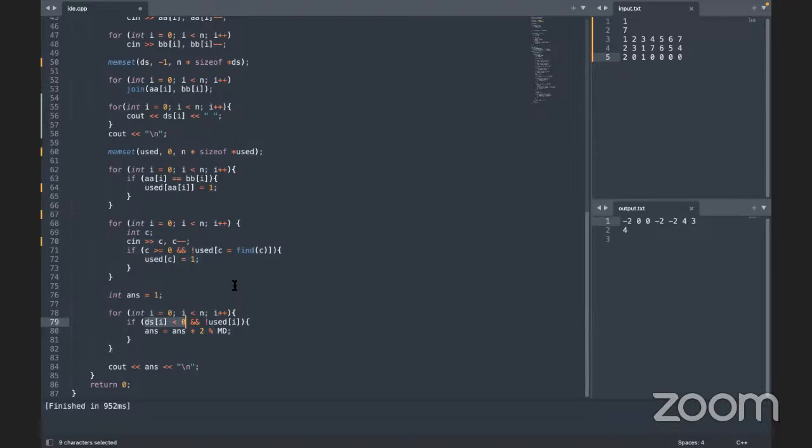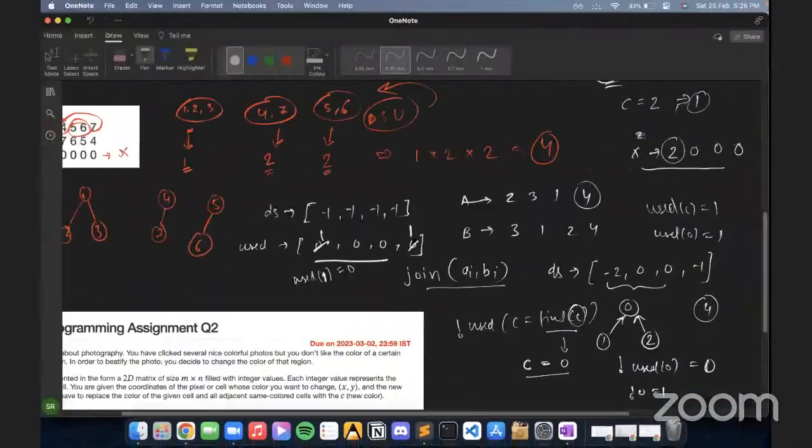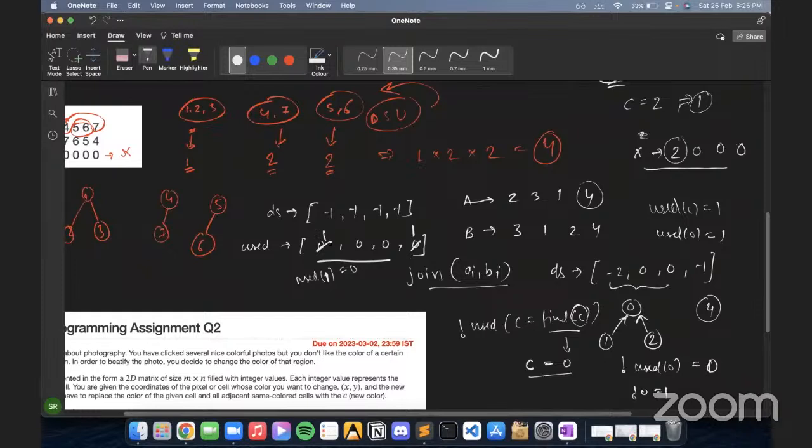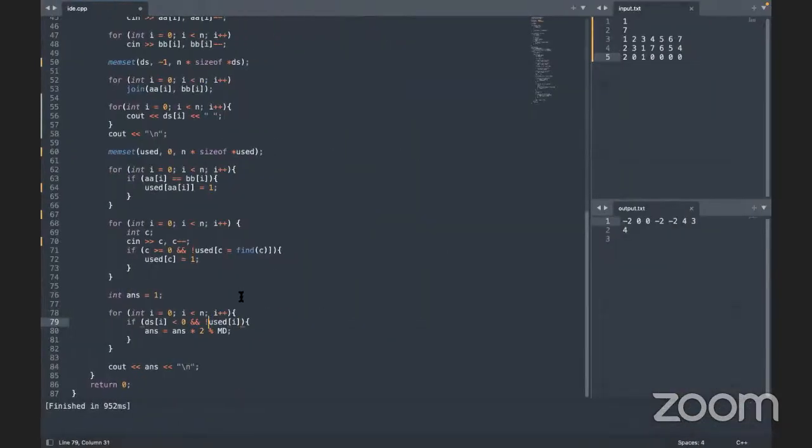Okay, and if used is not equal to 1... here, if it's already equal to 1, right? This means the permutation possible for this group is only 1, so we don't need to count it. That is why it won't go into this loop.